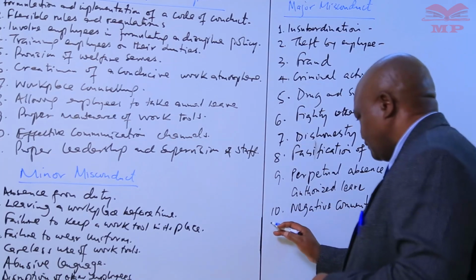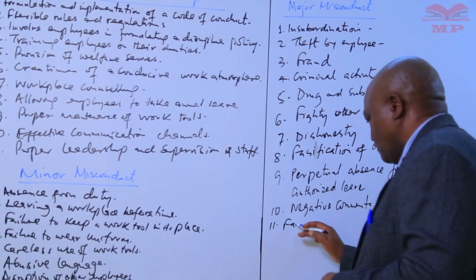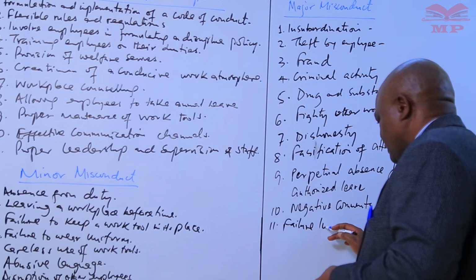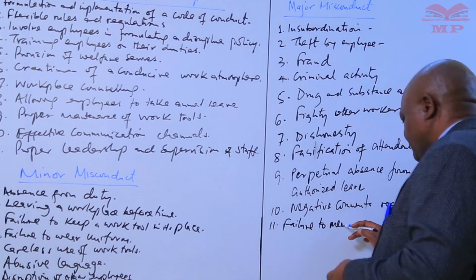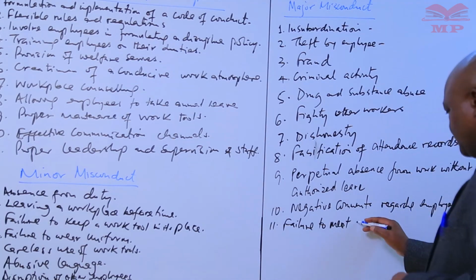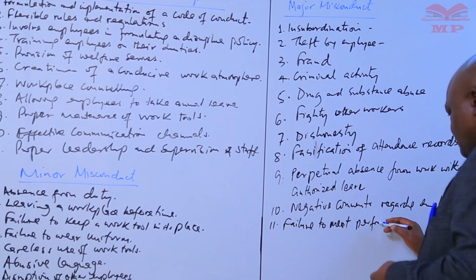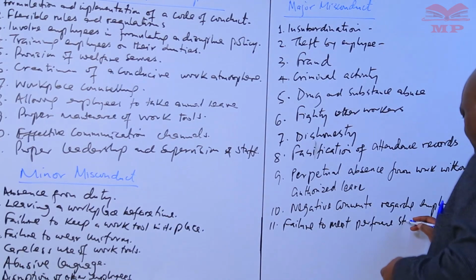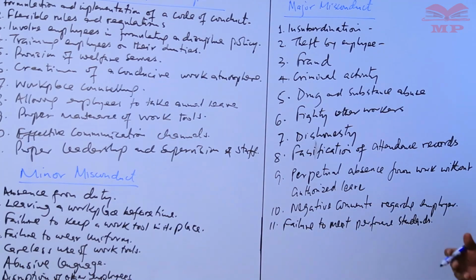Failure. Also, you have what you call failure to meet performance standards. Specifically with relation to when the worker was hired, there was a particular standard the worker was supposed to meet.